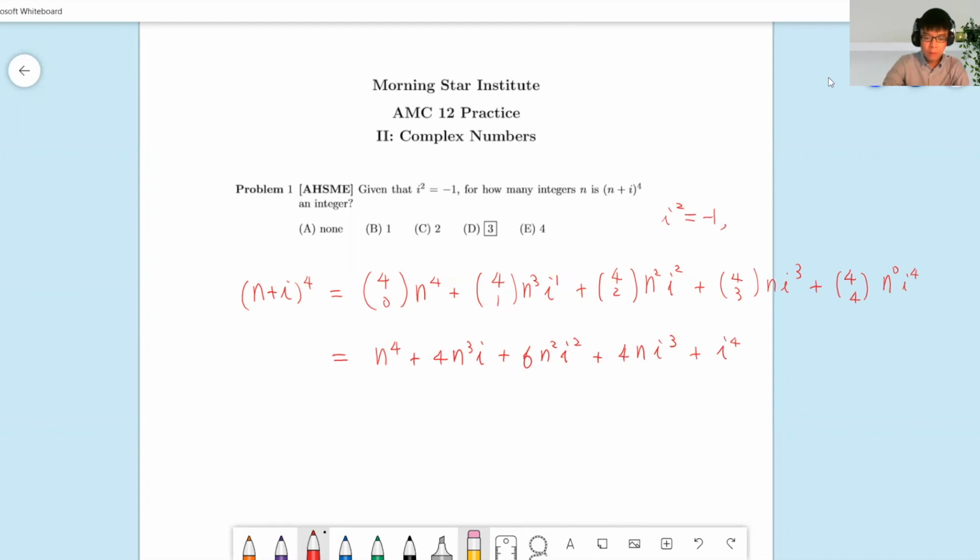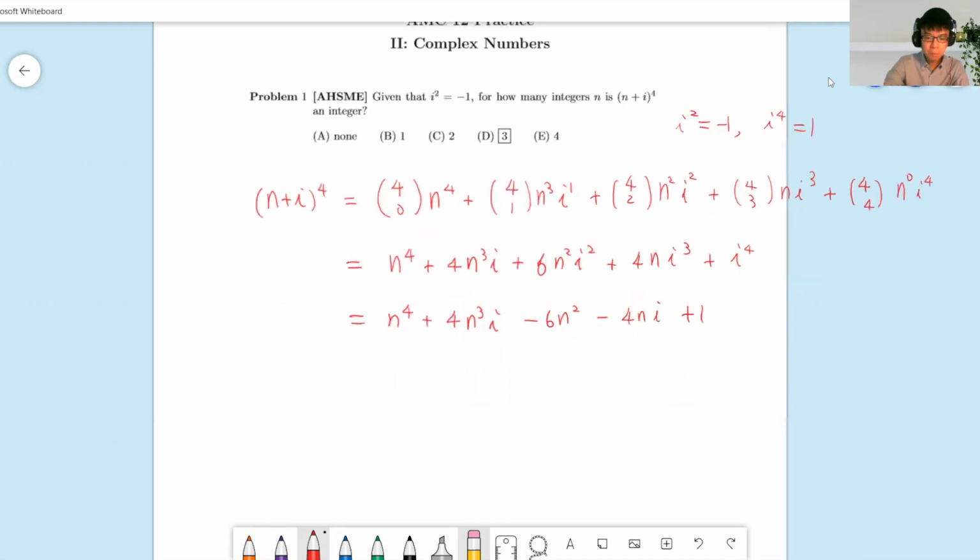This equals n^4 plus 4n^3 i minus 6n^2 minus 4n i plus 1. Let's separate the real part and the imaginary part. The real part is n^4 minus 6n^2 plus 1. As for the imaginary part, it is (4n^3 minus 4n) times i.